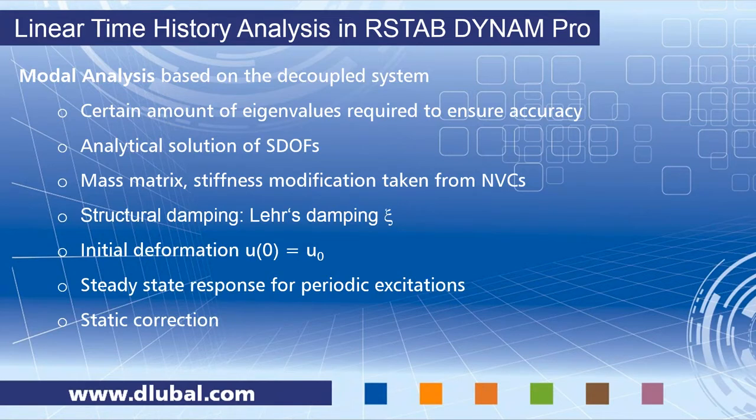Because for such frequencies, only the steady state response is expected and added to the dynamic analysis. So instead of calculating an enormous amount of eigenvalues to reach some amount of activated mass, you can instead use also the static correction feature. Also only available for the modal analysis in RSTAB.